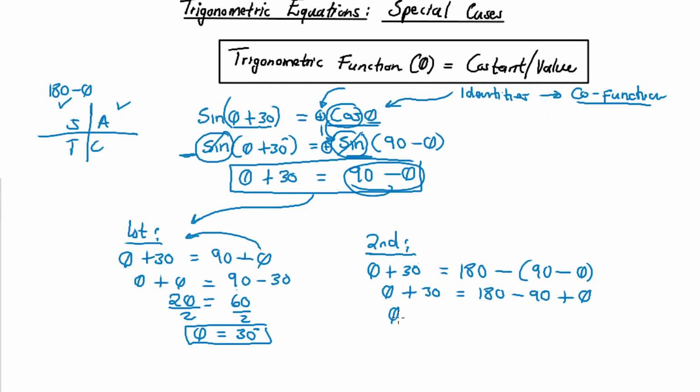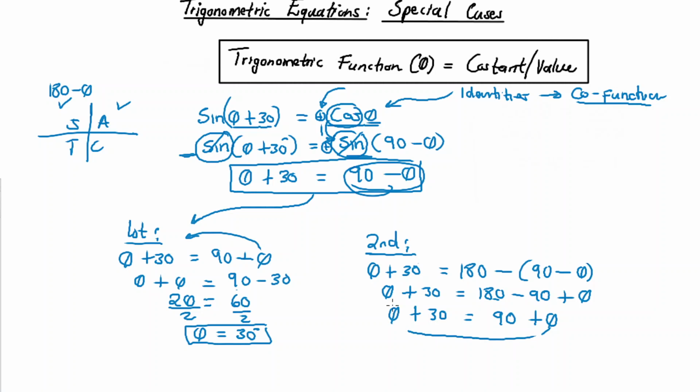So this plus this is equal to 90 degrees plus theta, and then the thetas are going to cancel.